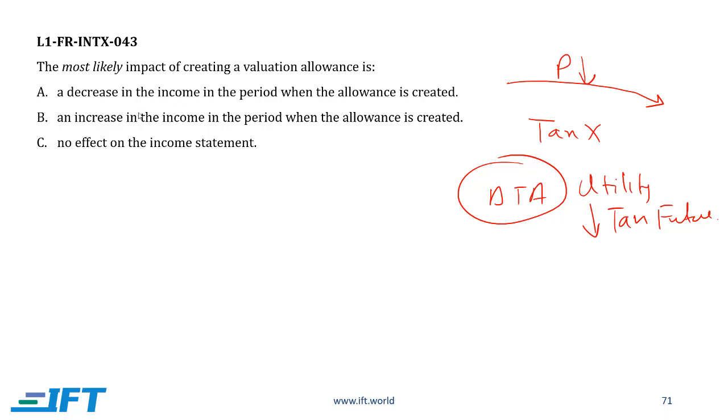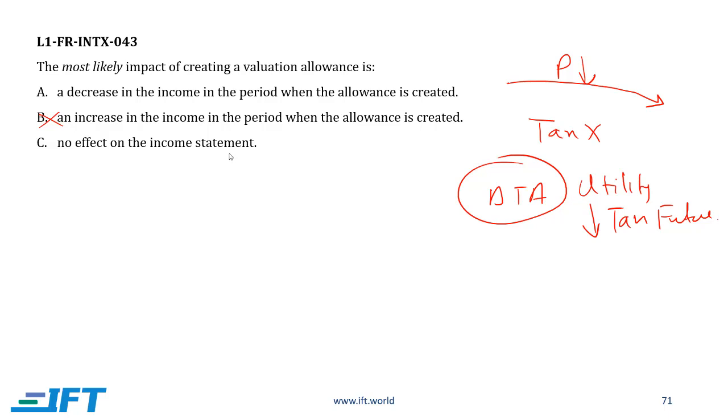So what is the correct option? A decrease in the income in the period when the allowance is created? Yes, a decrease in income. An increase in the income in the period when allowance is created? This is not the case. The income is not increased. No effect on the income statement.